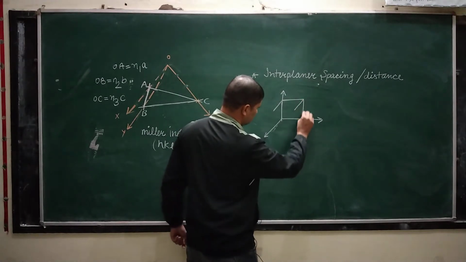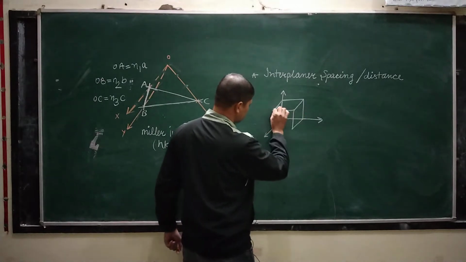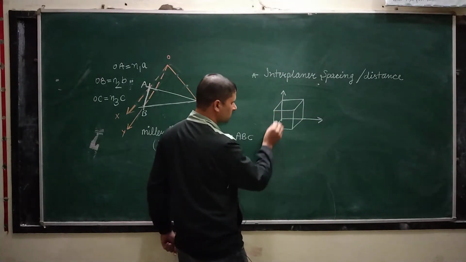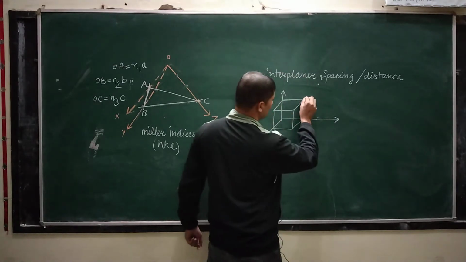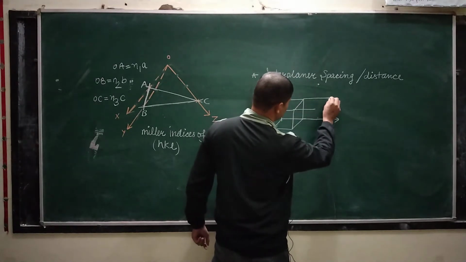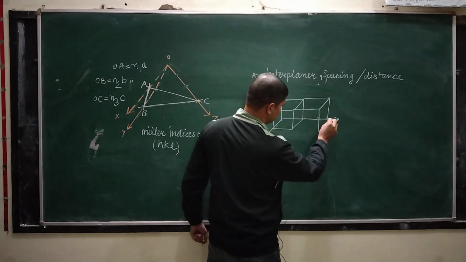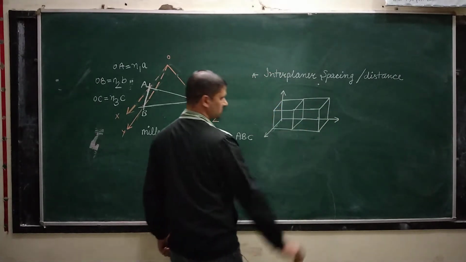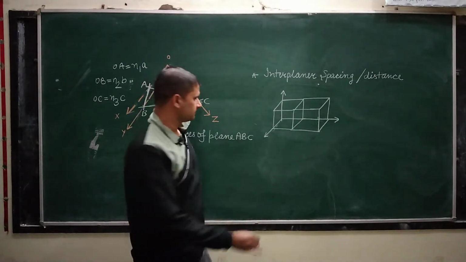This is the cube, and if we make one more cube here, then it will be like this. You have two cubes, and let their size be a.